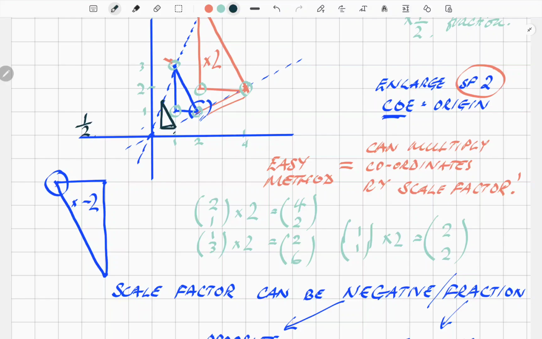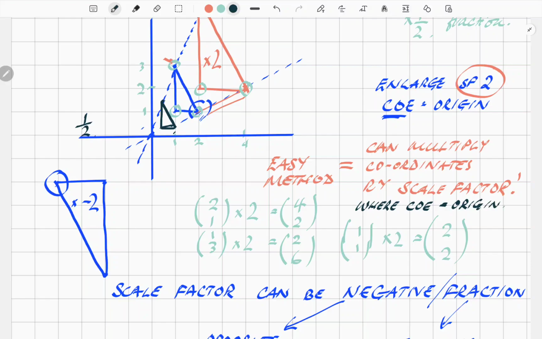Have I confused you totally, or does that make any sense? It makes sense, just about, maybe. Okay. This method that I've shown you, the easy method, works for the origin, where center of enlargement equals origin.